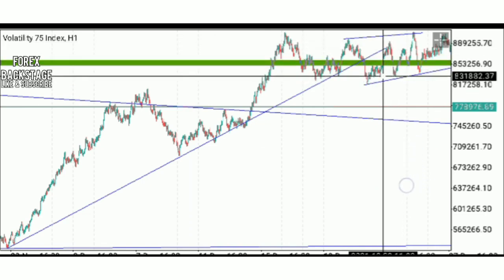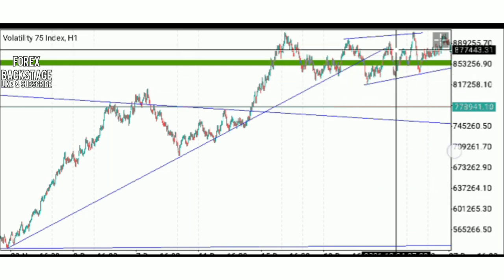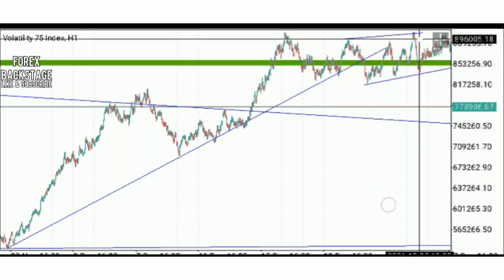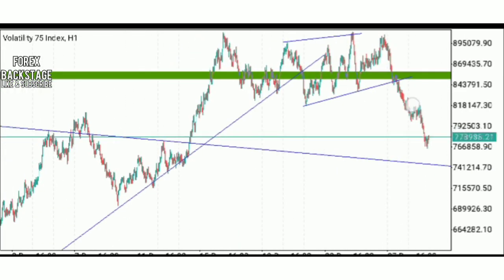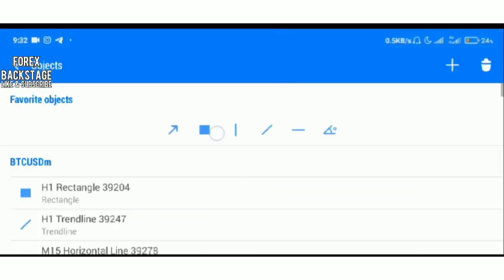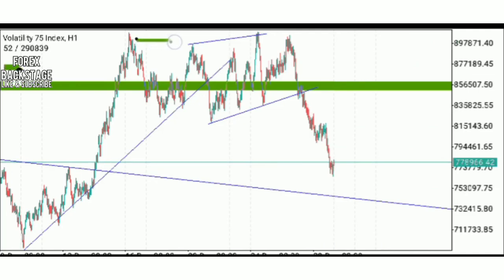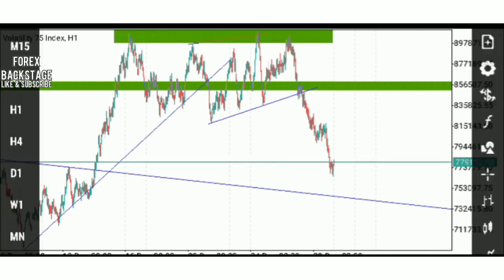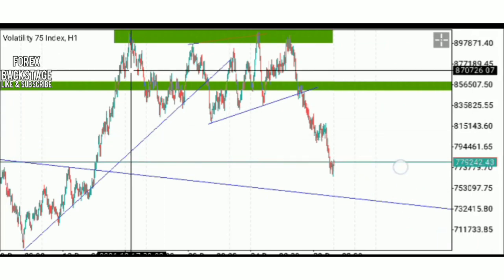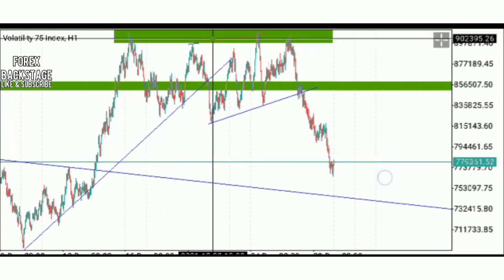Okay, we have a higher high, higher low, higher high, higher low into resistance. But what happens is that price ends up respecting this area over here, due to it being tested for the first time, third.